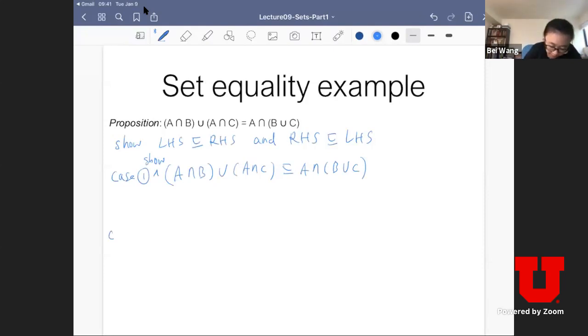And then case number 2. Oh, actually, let me give it more space. Case number 2 is the right-hand side. You want to show the right-hand side is a subset of the left-hand side.